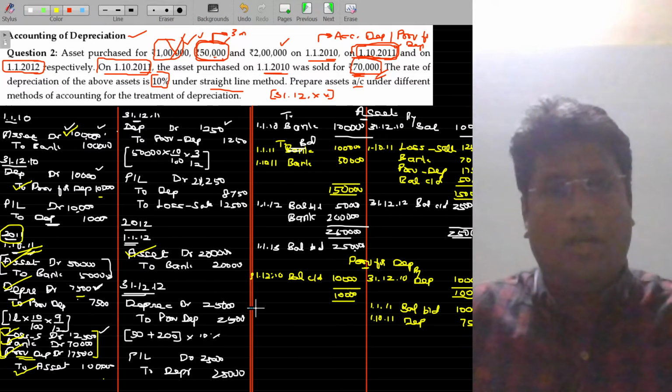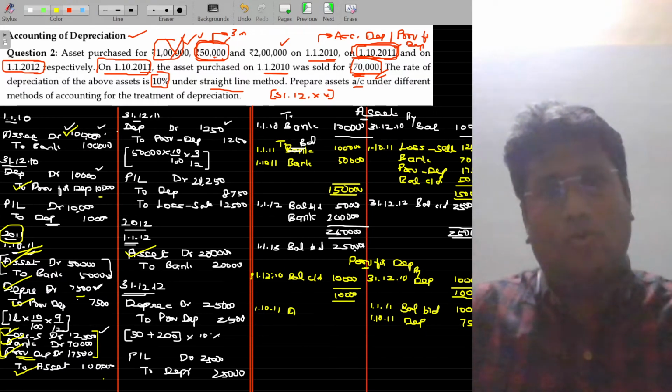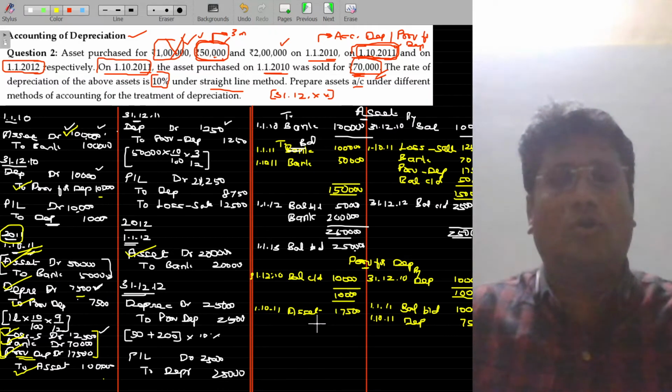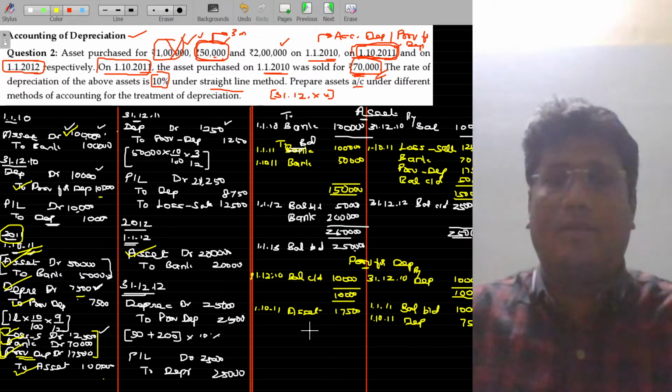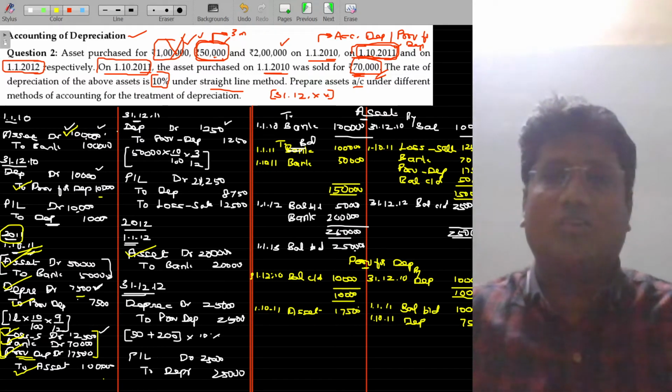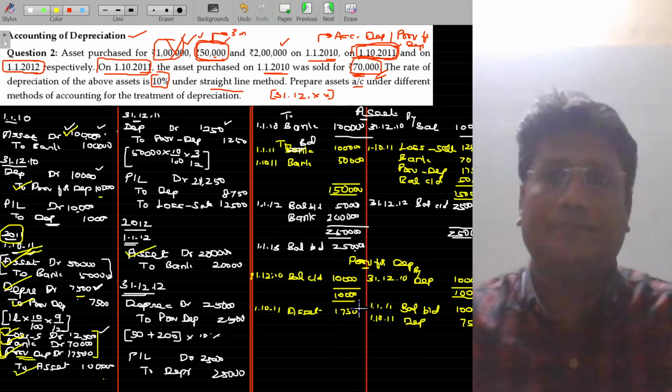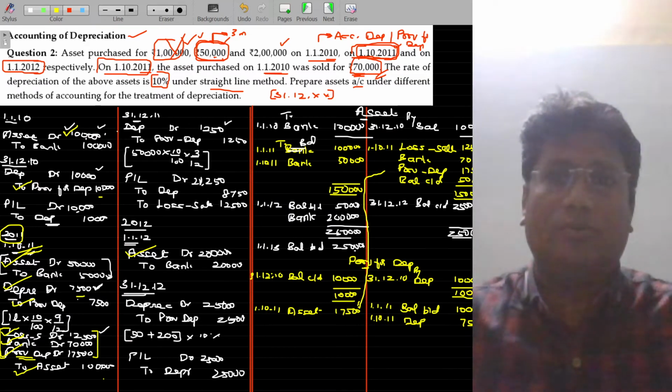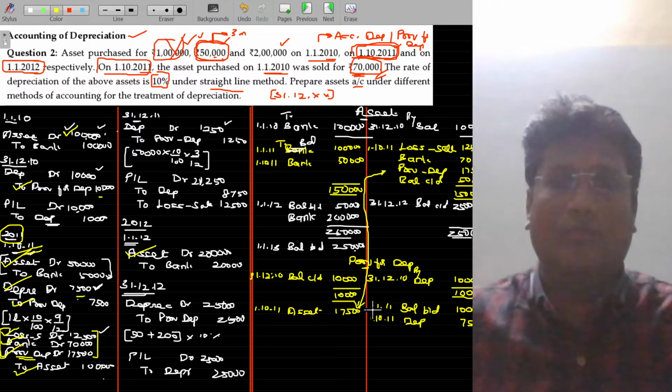Here that will be on 1/10/11. Transfer that to asset account, the value being 17,500. The asset purchased on 1/1/2010 is sold as on this date. For that asset, we have 1 3/4 years depreciation, which is 17,500. It's no more required. Transfer from here to here. Make a note of it.